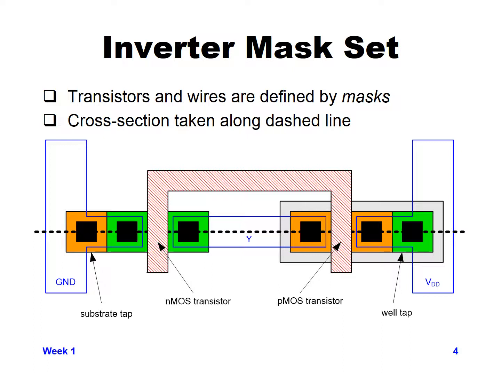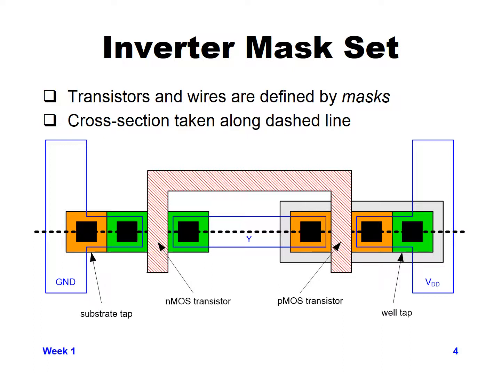One is our connection between the NMOS and PMOS transistor, which is our connector Y. And then there's another one on the right-hand side, which is our metal connection to the VDD for the well tap, and the connection to the PMOS transistor. So that covers our metal connections that we saw.